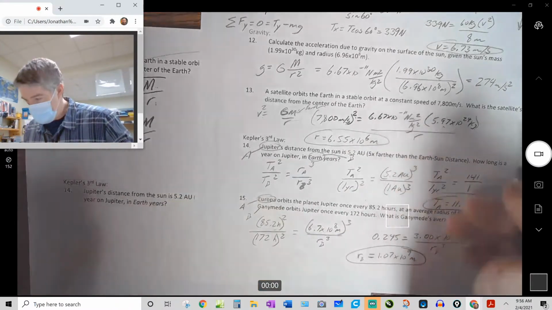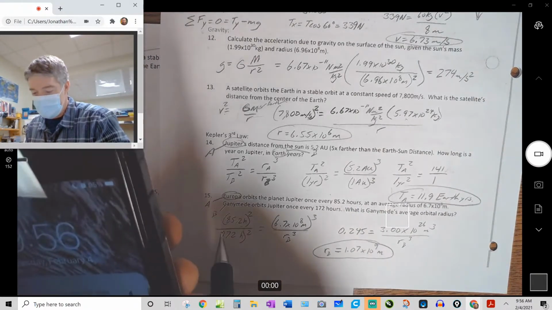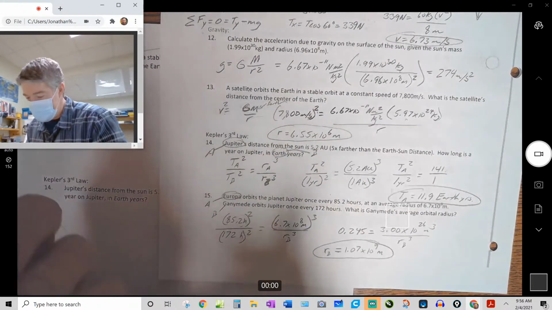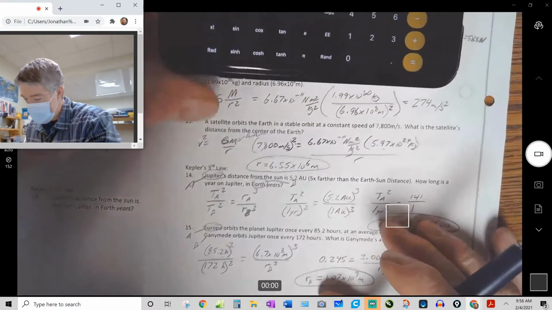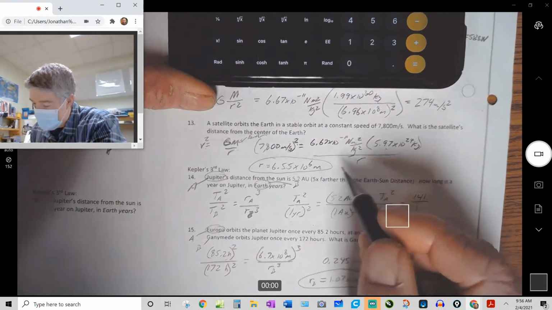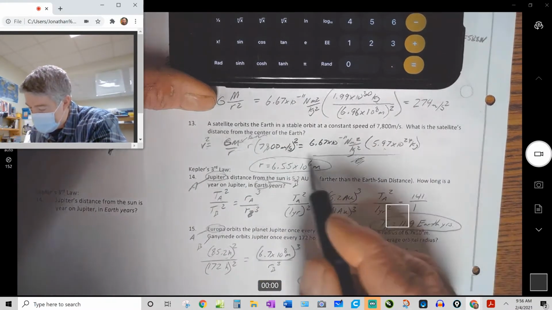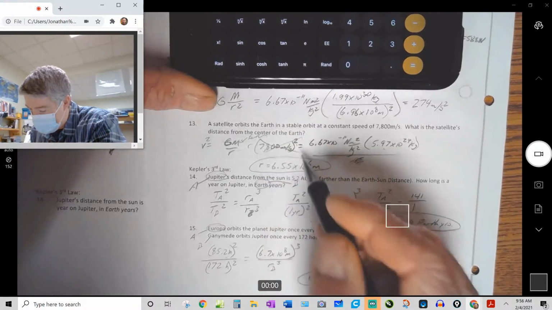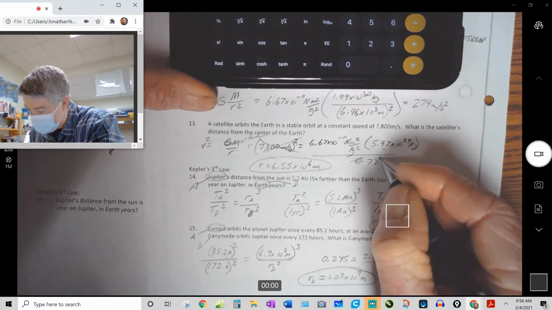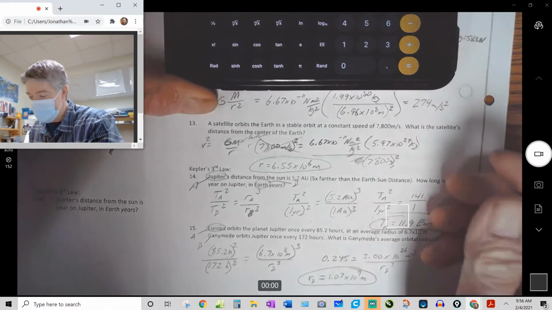So to arrive at r, let me show you how I would do the calculation on this. Maybe that's useful. I skipped a little step here. So multiply both sides by r. So r is over here. And then divide both sides by 7,800. So 7,800 squared is down there.